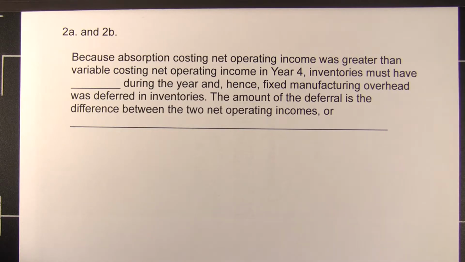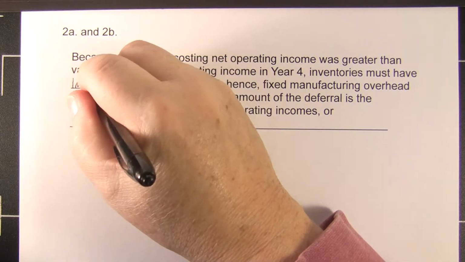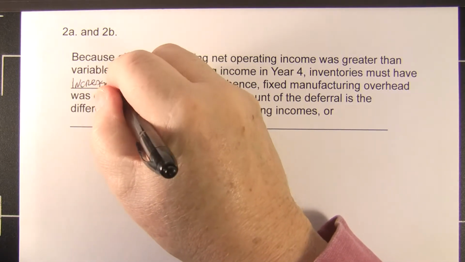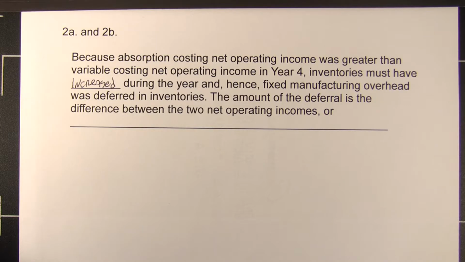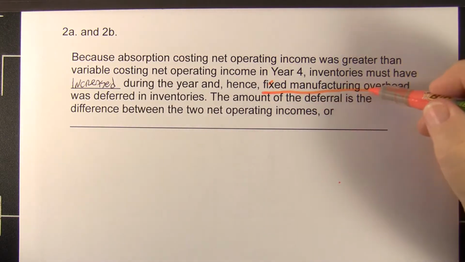Okay, so we know that the inventories must have increased. Had to. That's the only way that you end up with that scenario where the absorption income is greater than the variable, and the fixed manufacturing overhead was deferred in inventories. Well, that's the definition. That's what happens.